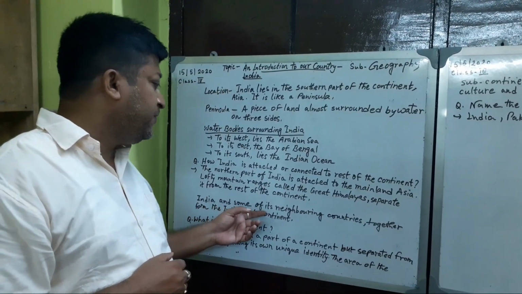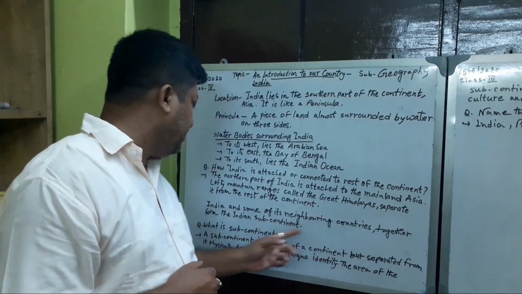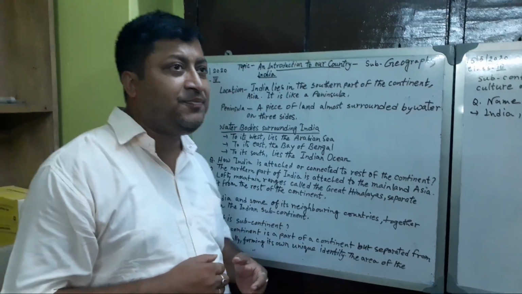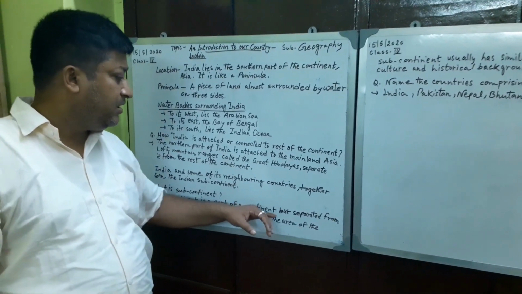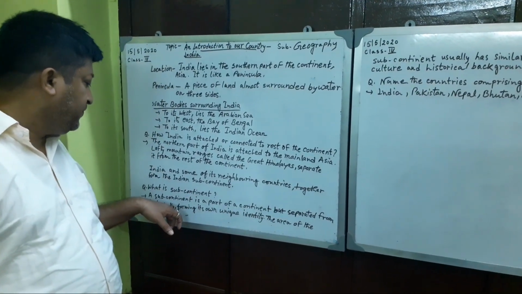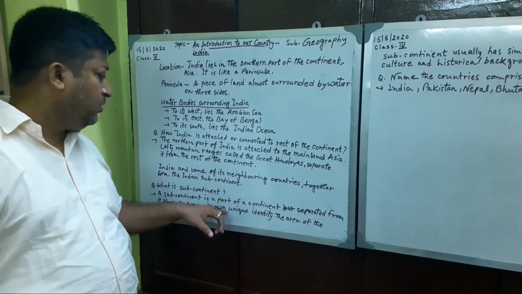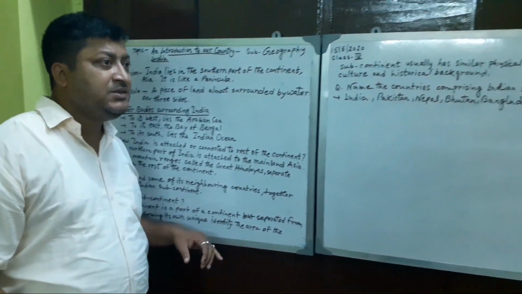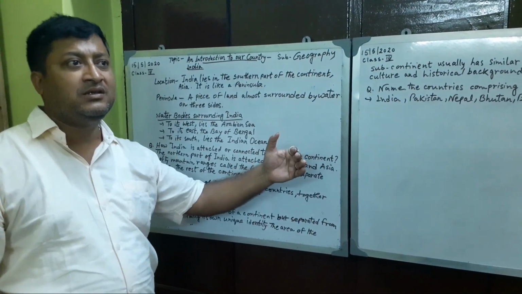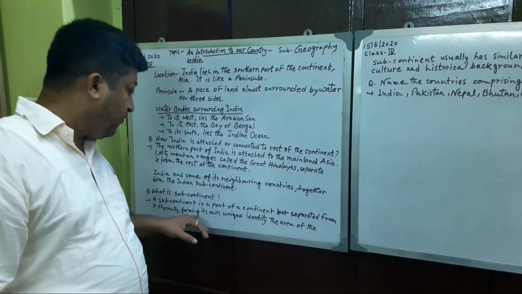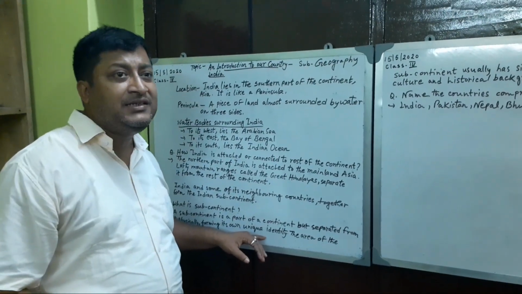India and some of its neighboring countries together form the Indian subcontinent. The subcontinent is a part of a continent but separated from it physically, forming its own unique identity.